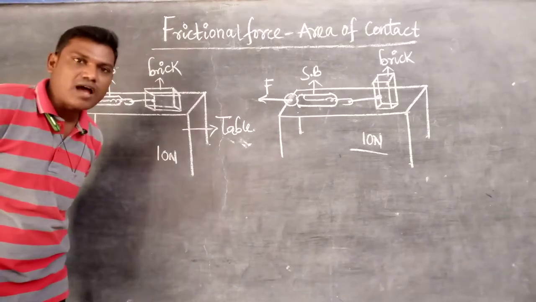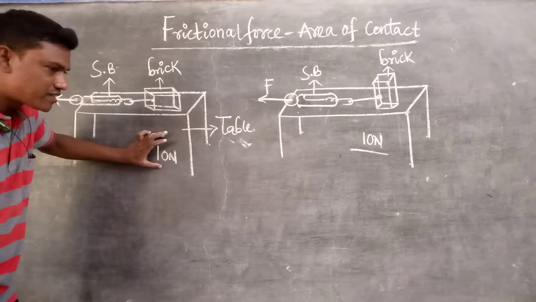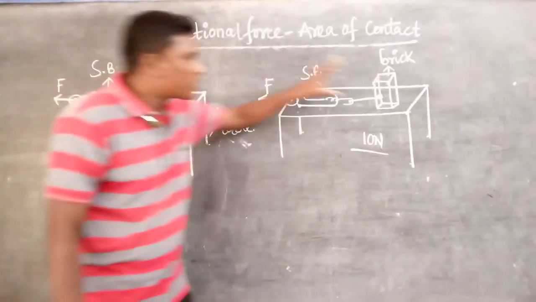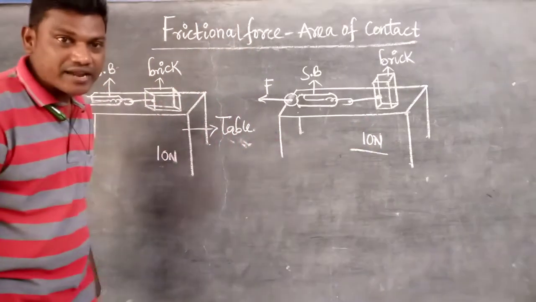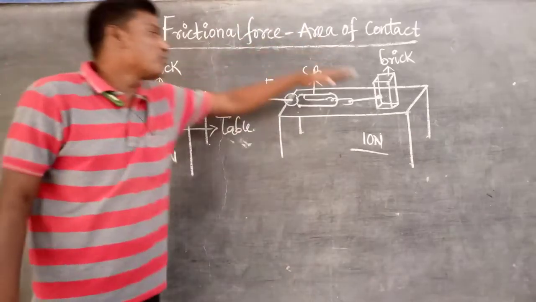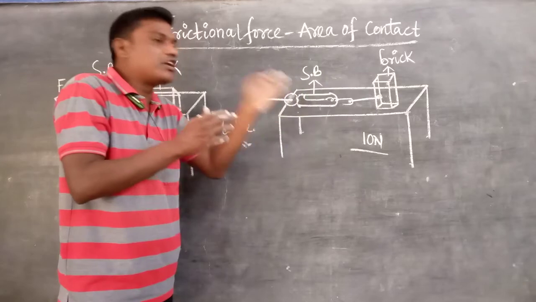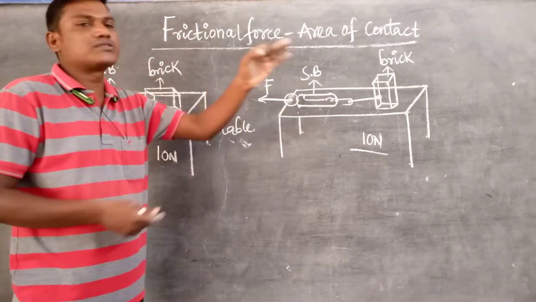So when the brick is placed horizontally, how much force is needed to set it into motion? 10 Newton. In vertical mode also 10 Newton. So what you understand here is that when the brick is placed in either horizontal or vertical mode, the applied force needed to set it into motion is the same, which means the frictional force is also the same.